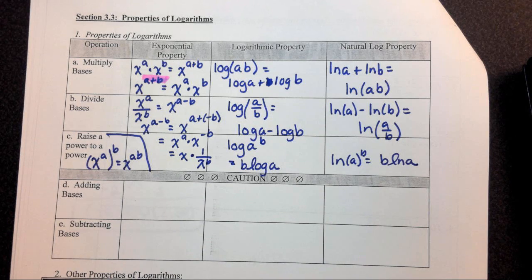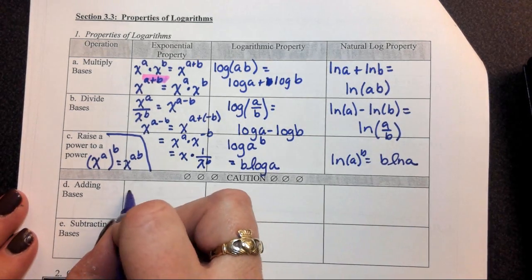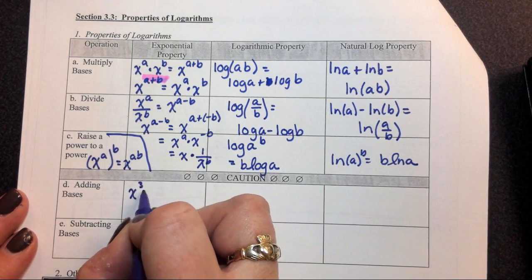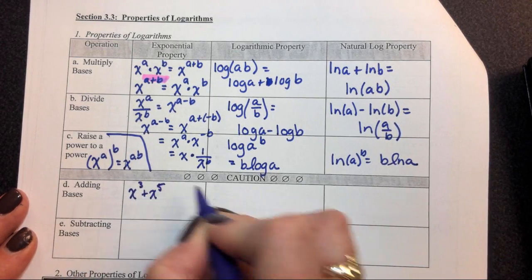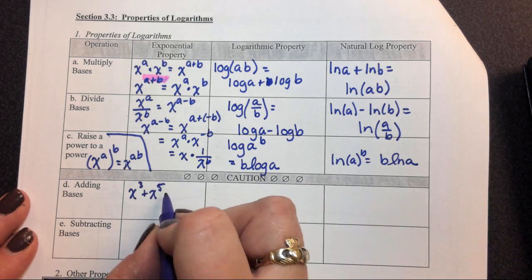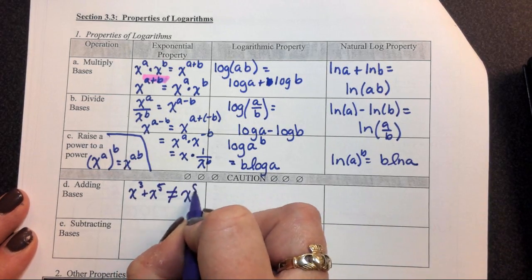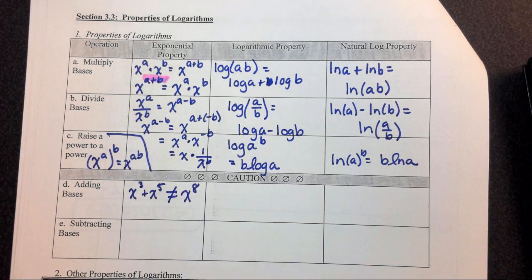Be careful with some common errors we see with logarithms. Sometimes students want to do this. Remember, when you have x to the third plus x to the fifth, this is not equal to x to the eighth. Remember how you add like terms in algebra.